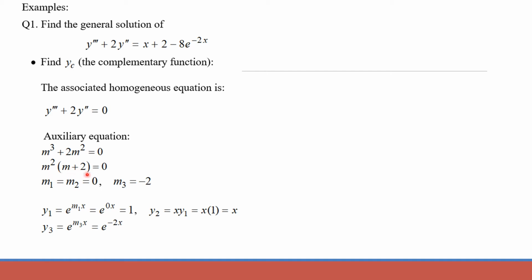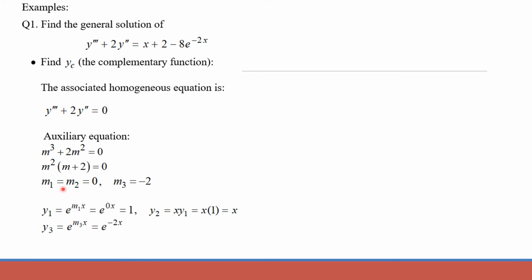So solving this equation, we get the first two roots equal to 0, because if m squared equals 0, that means m multiplied by m equals 0, and therefore the first two roots m1 and m2 are both equal to 0. And the third root, we get it from this factor, m plus 2 equals 0, so the third root is equal to negative 2. So we have a case of repeated real roots together with a distinct real root.